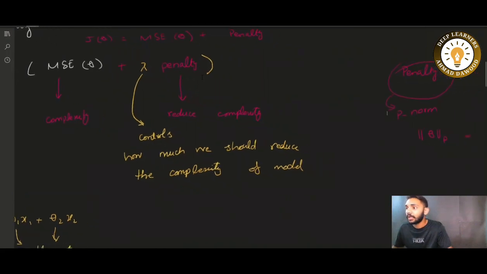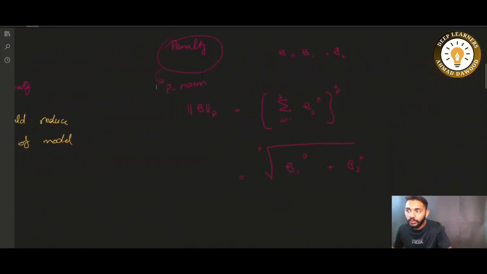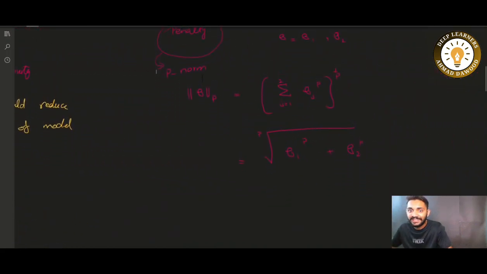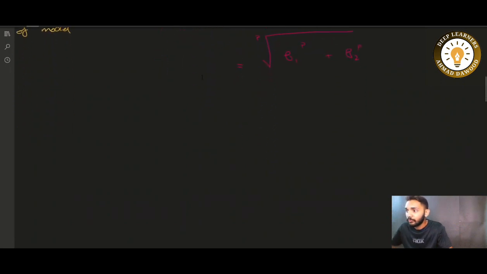Usually, instead of p norm, which is a generalized term, we have two types of penalties. One is the L2 norm, and one is the L1 norm. In the case of L2 norm, we usually have the squared L2 norm.